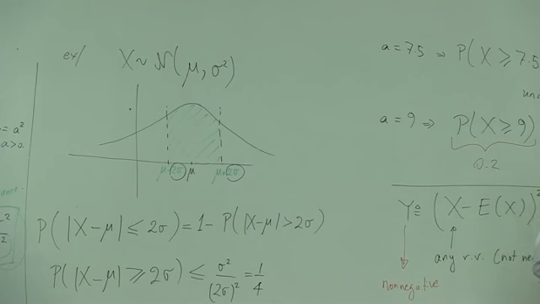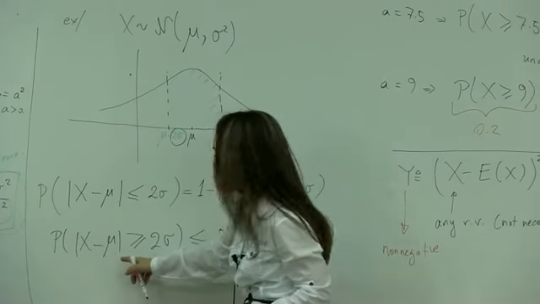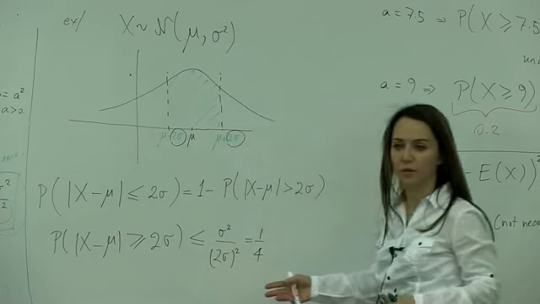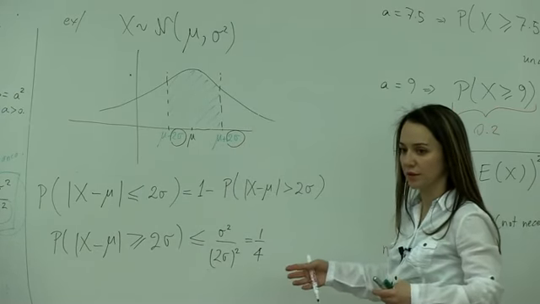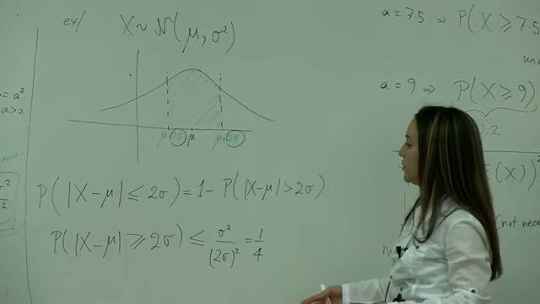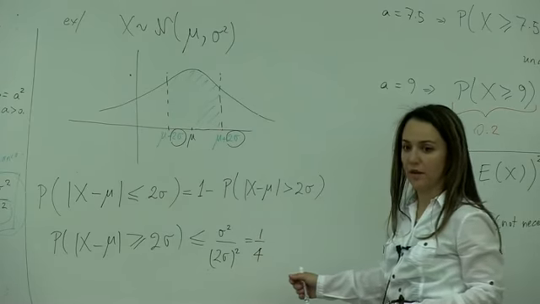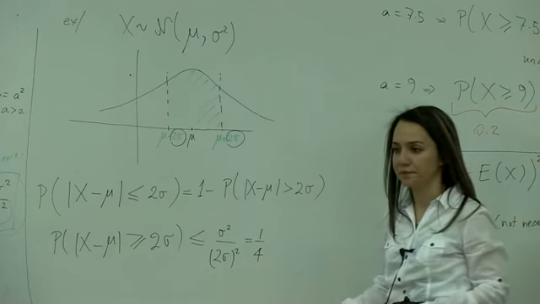What did we just show? We showed that the probability that x is more than 2 standard deviations away from its mean cannot be more than 25%.